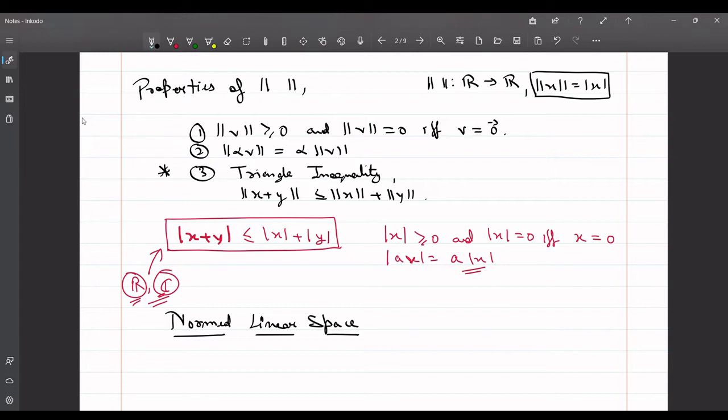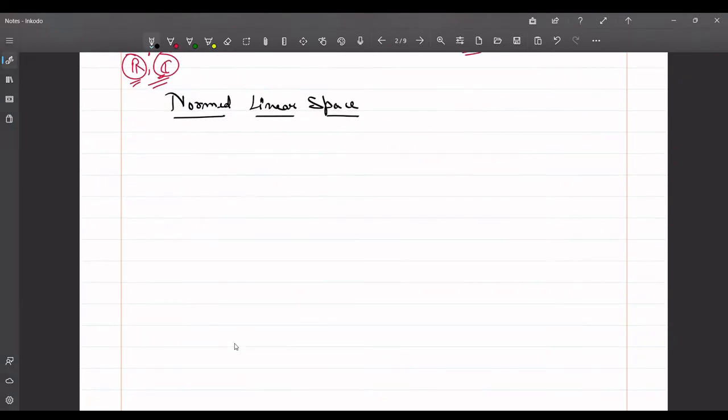These are pretty simple definitions. Let us understand what is a normed linear space.